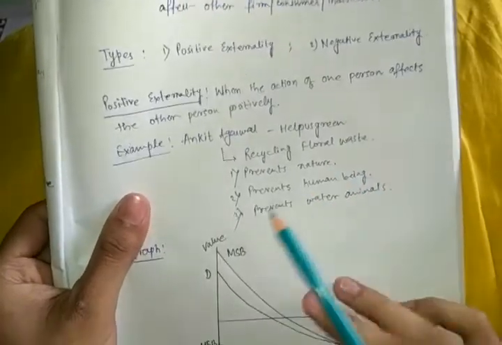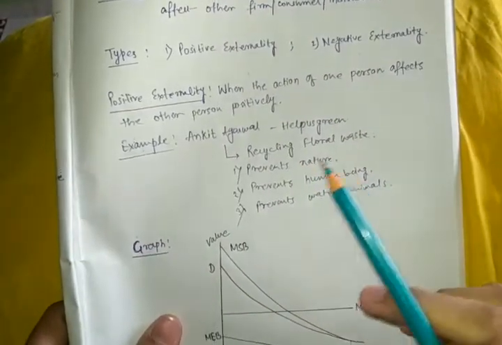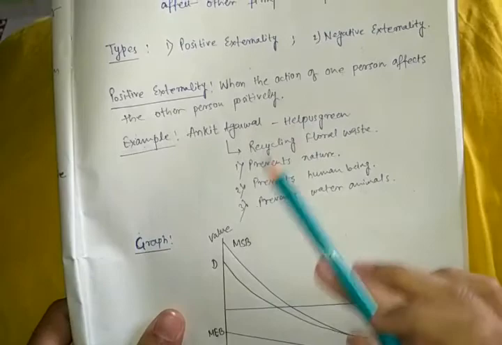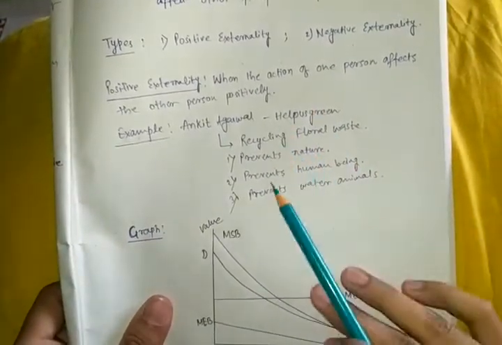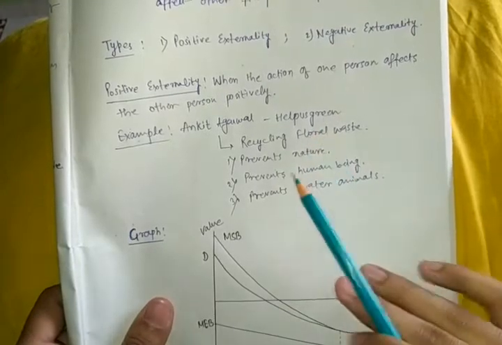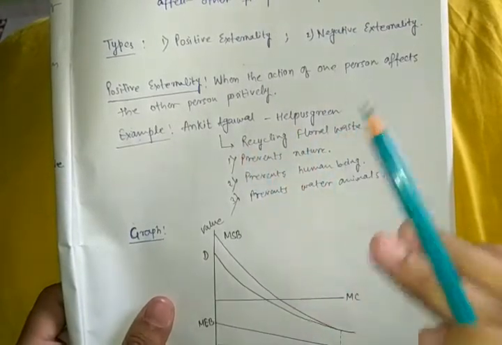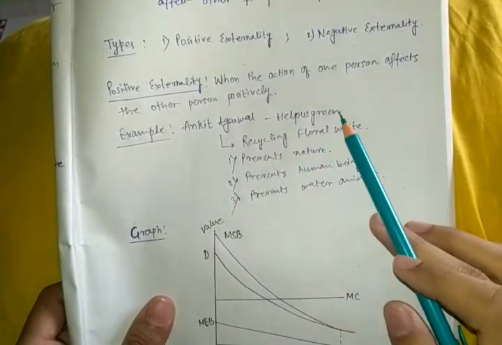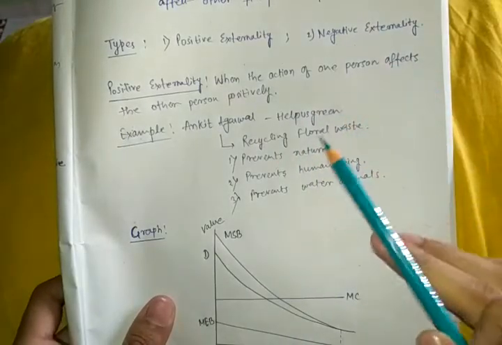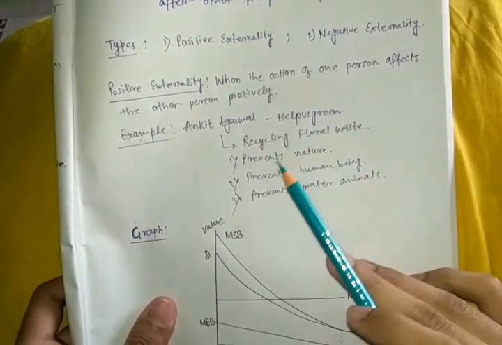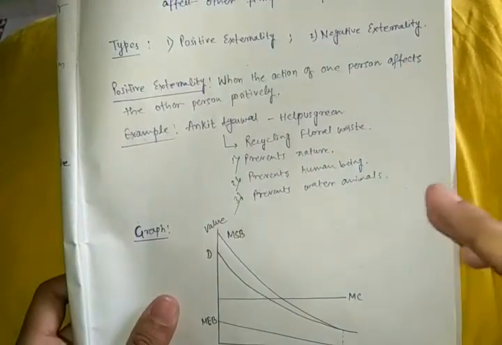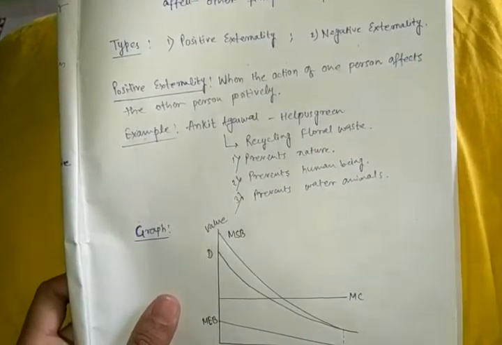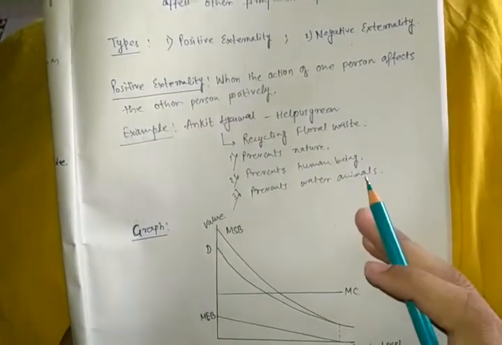Now we'll discuss positive externality with the help of an example of Ankit Agarwal. Who is Ankit Agarwal? He is the founder of Help Us Green. He lives in Kanpur, and Help Us Green itself is based in Kanpur. What does Help Us Green do? It collects floral waste, the dried flowers.